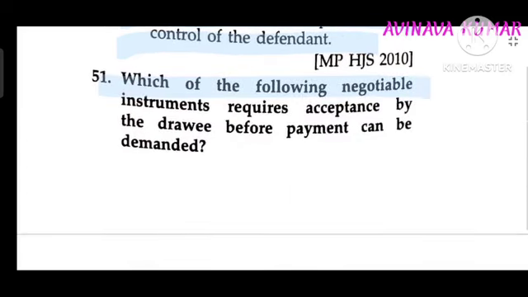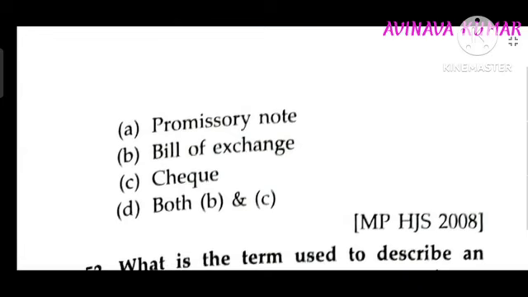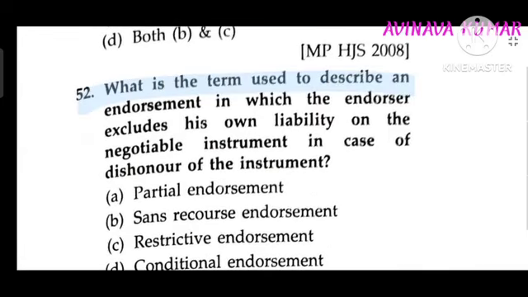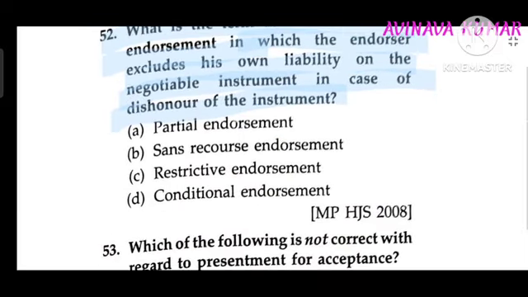Which one of the following negotiable instruments requires acceptance by the drawee before payment can be demanded? Bill of exchange. What is the term used to describe an endorsement in which the endorser excludes his own liability on the negotiable instrument in case of dishonor of the instrument? Sans recourse instrument.